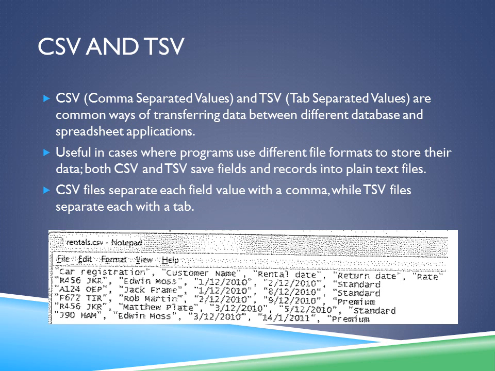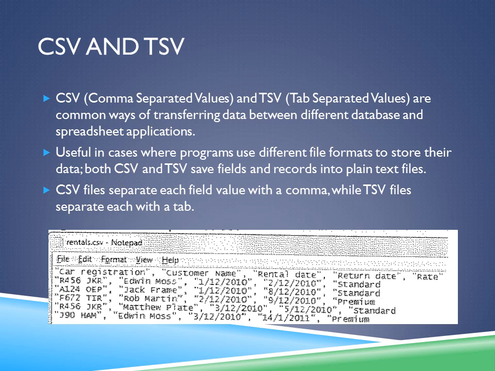CSV and TSV. CSV, which stands for comma separated values, and TSV, which stands for tab separated values, are common ways of transferring data between different databases and spreadsheet applications. They're very useful in cases where programs use different file formats to store the data. They both save fields and records into plain text files, which is very useful because they can be read by most databases and spreadsheet programs, since text files are a very basic format.